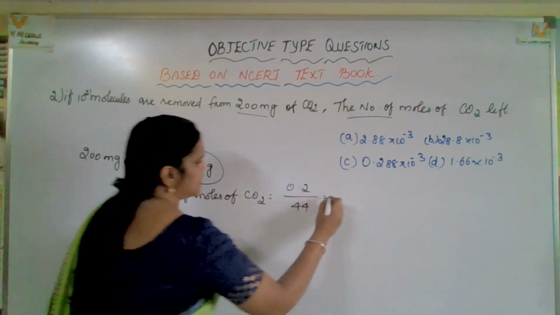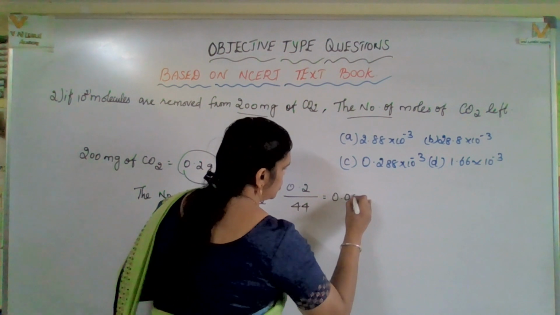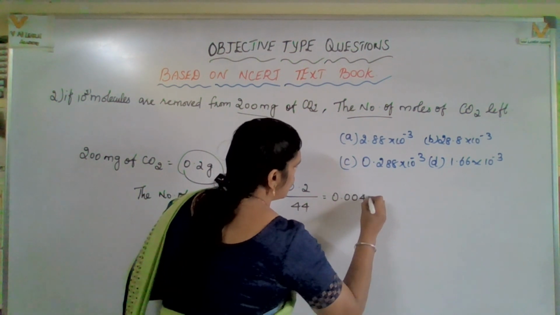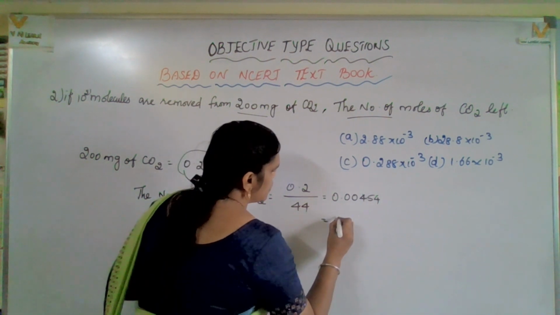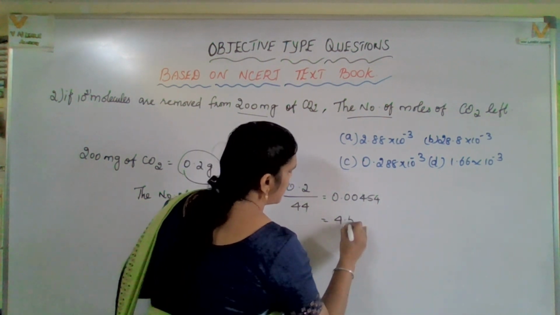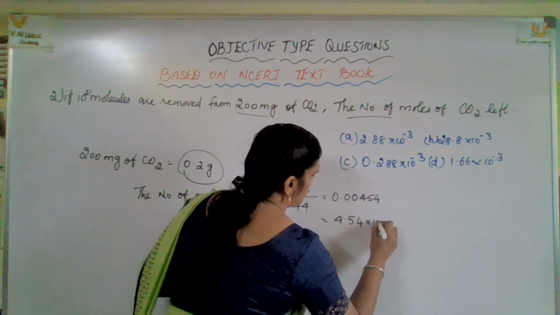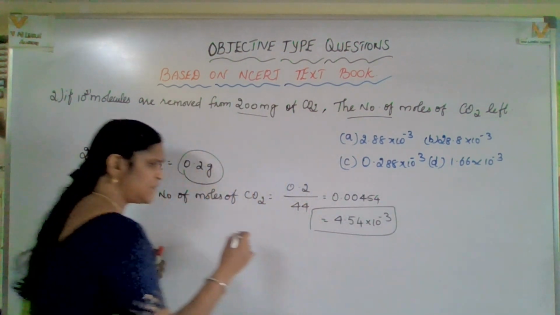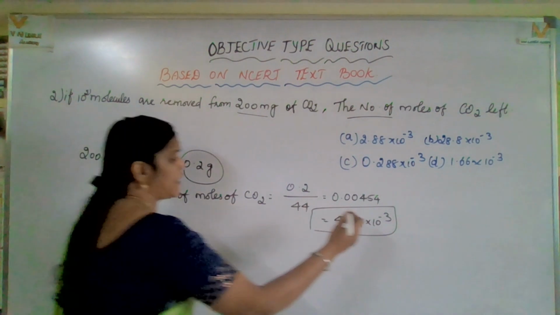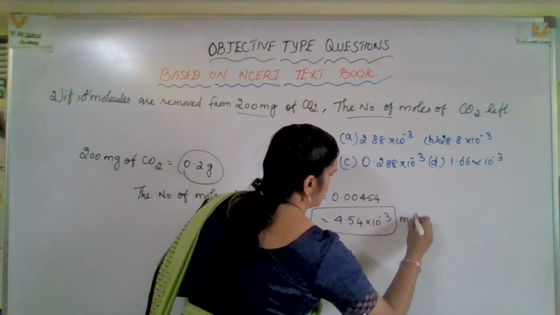You will get 0.00454, so we can write it as 4.54 into 10 to the power of minus 3. This is the number of moles of carbon dioxide originally.